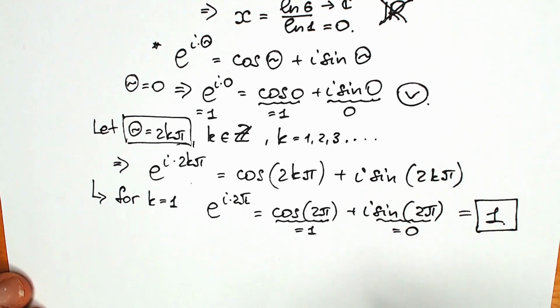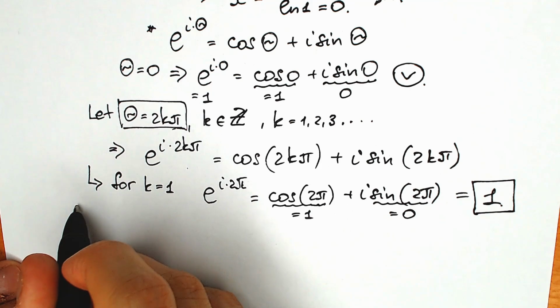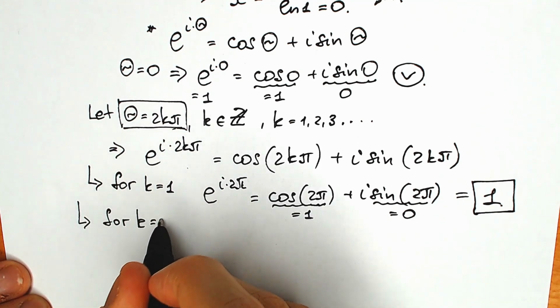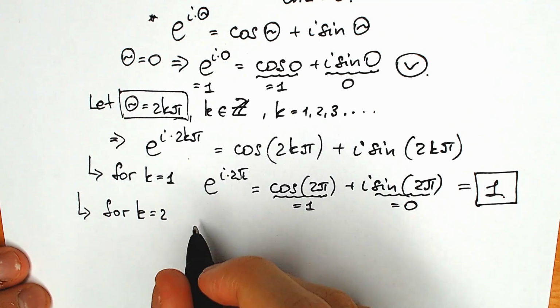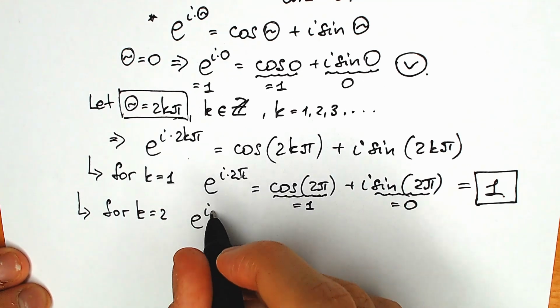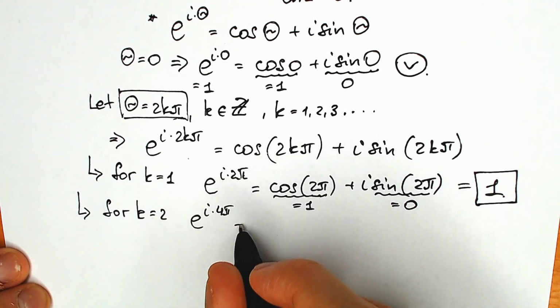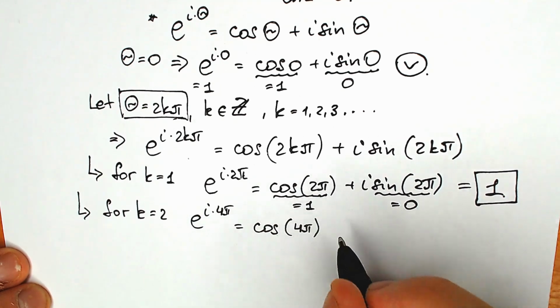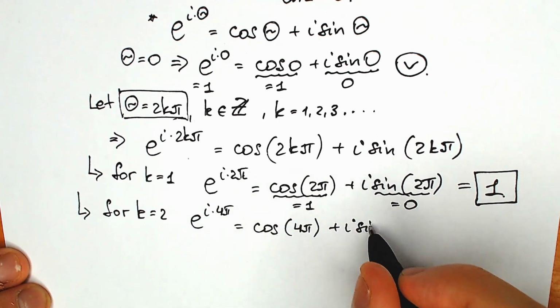Right now, let's see what will happen when k is equal to 2. As a result, we have e to the power i times 4 pi equal to cosine 4 pi, plus i sine 4 pi.